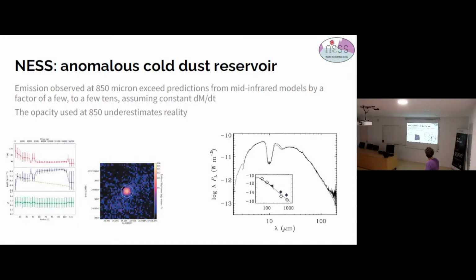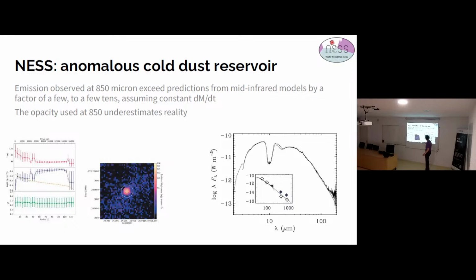So if you fit your spectral energy distribution using dust radiative transfer modeling, you basically end up making a prediction at these longer wavelengths. You can then compare that with what we get from 450 and 850 at SCUBA-2, and we find that the observations are systematically above what we predicted.